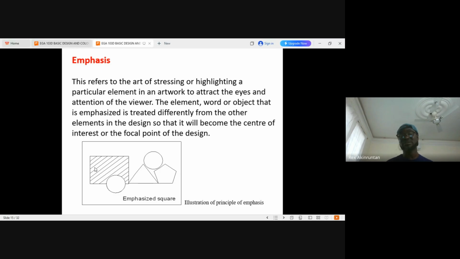And so the moment you take a glance at that outfit, those are the areas that will first of all pull you closer. Then you begin to scan around the rest of the areas of the garment. So emphasis is key and is very important. It all forms part of the attraction in the design.